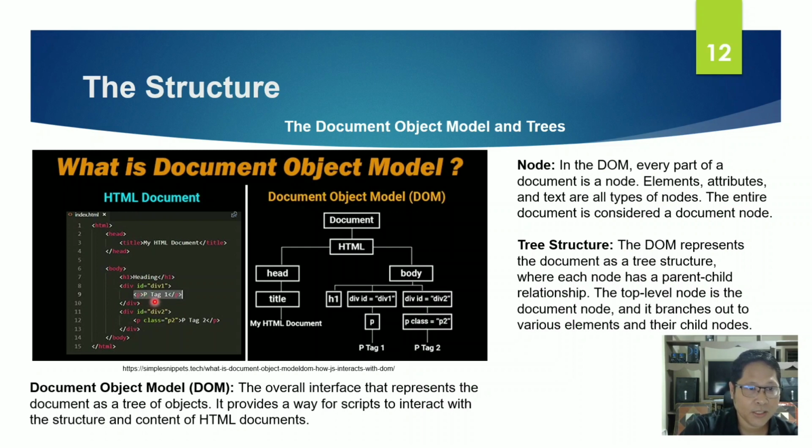And you can also see that the p tag 1 belongs to div1, and the p tag 2 here belongs to div2. That is why it is very important to use the DOM or the document object model so that we can visualize what's happening to our code. So this is the explanation for this one. Now let's proceed to the next topic.